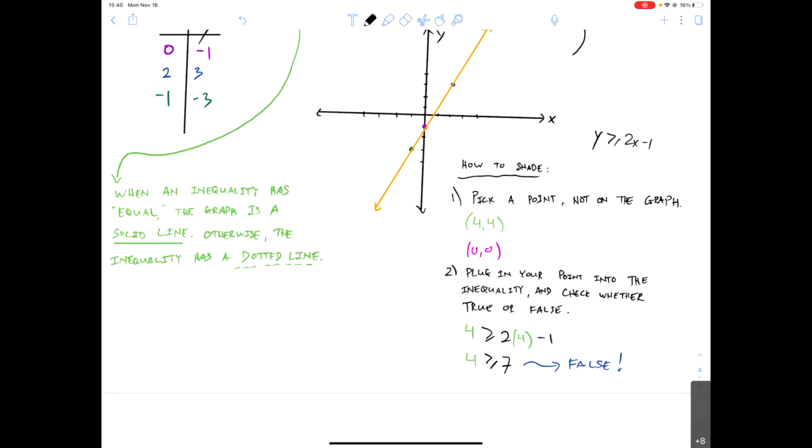Then comes step 3. So here's step 3. If true, shade the region where the point lies.